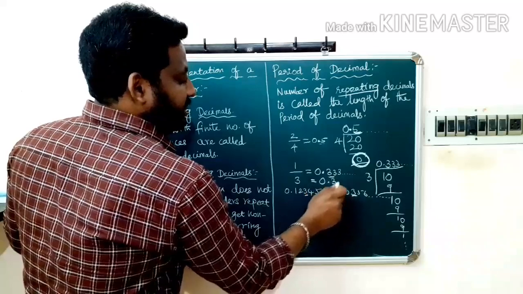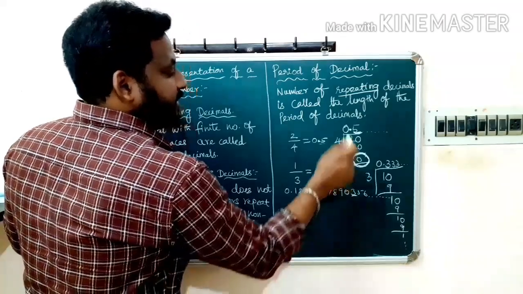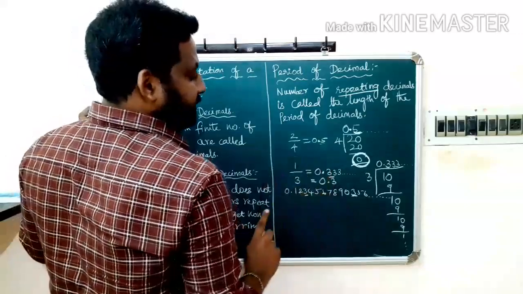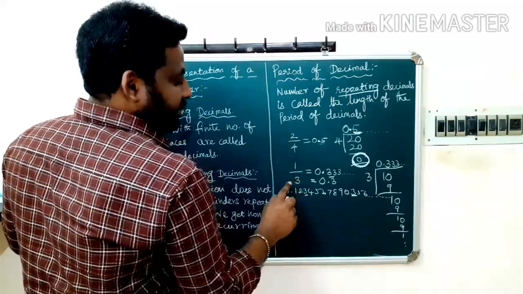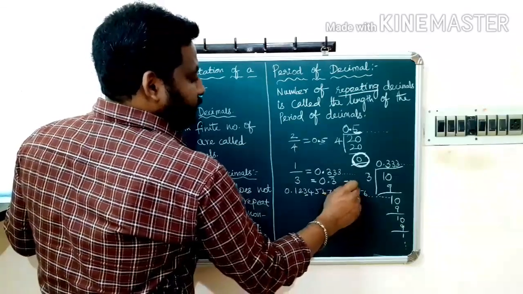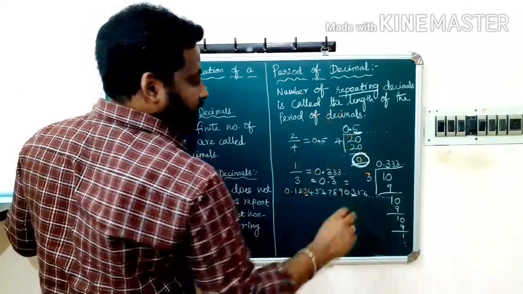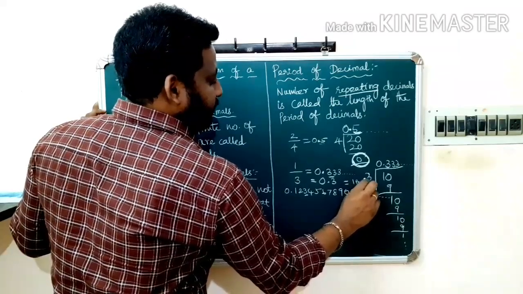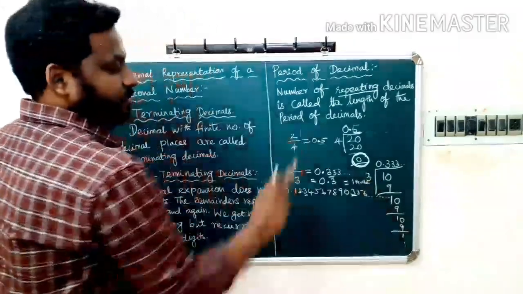Here only the number 3 is repeating, only one number. For the rational number 1 by 3, the period of decimal is, how many numbers are repeating? Only one number. So therefore, the period of decimal is one.